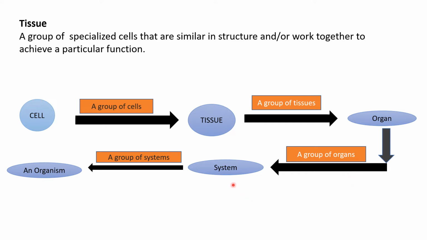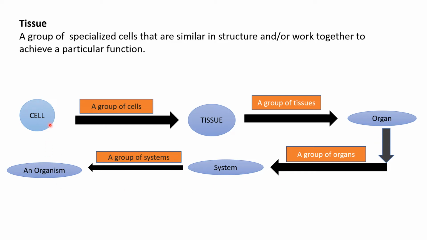In our body, we are also a multicellular organism. In our body, there are so many systems, like digestive system, reproductive system, respiratory system. These are the systems. So when so many systems are present together, then it will form an organism.